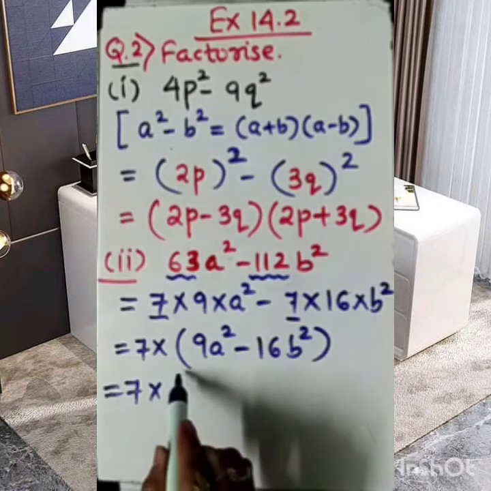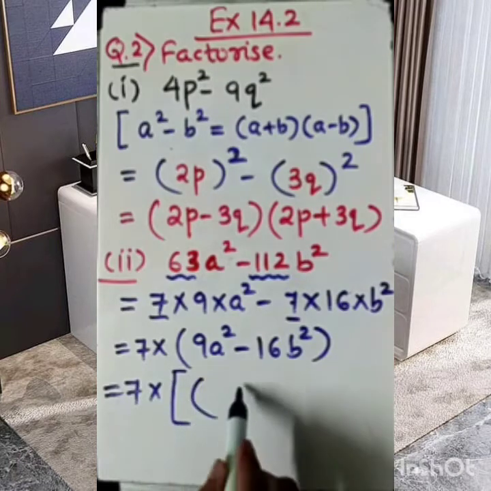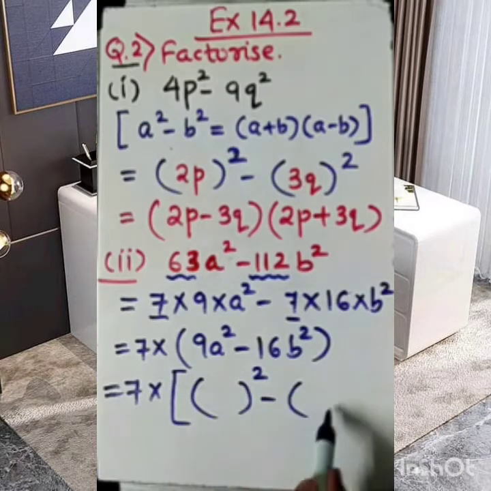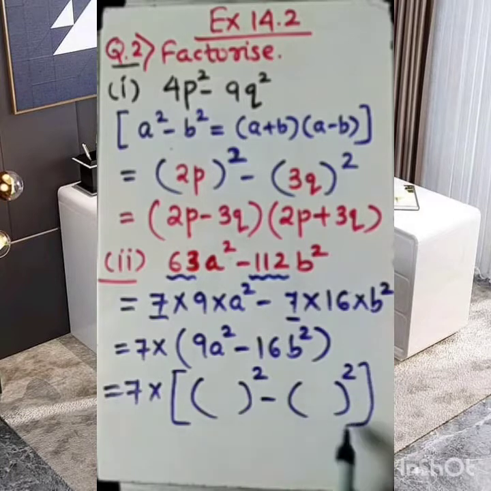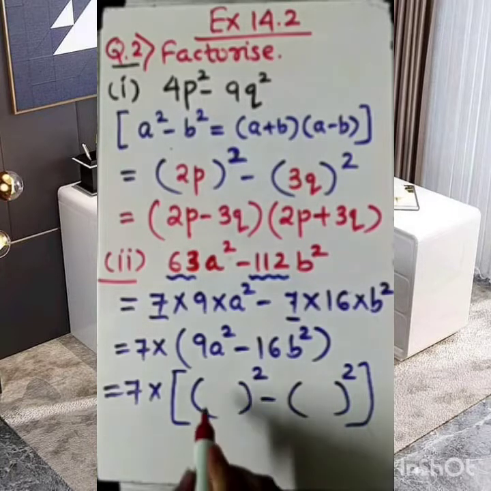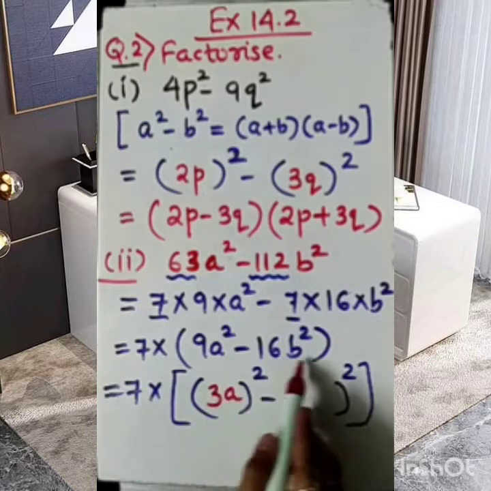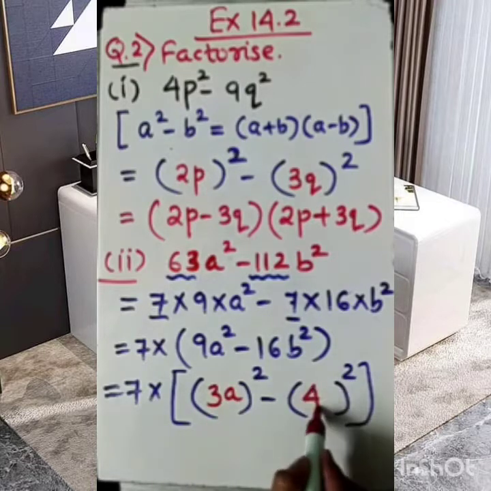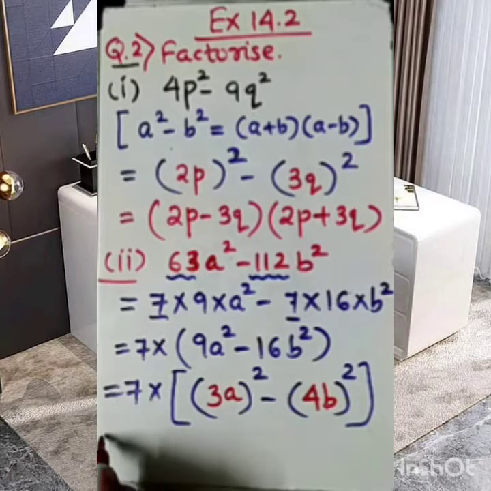So according to that, if we work it out, 9a square is a perfect square of 3a, and 16b square is a perfect square of 4b, because 4 4s are 16. So 7 is already here.